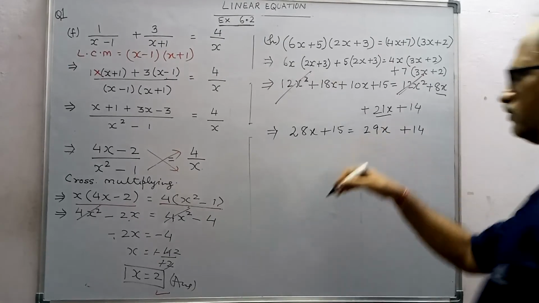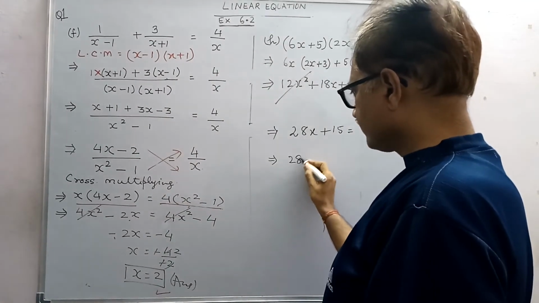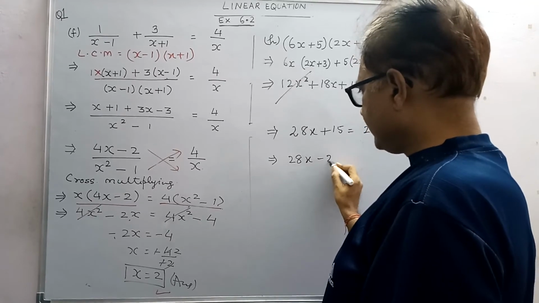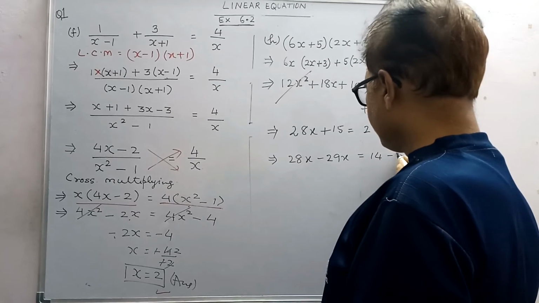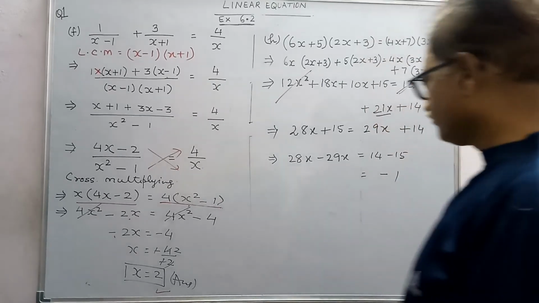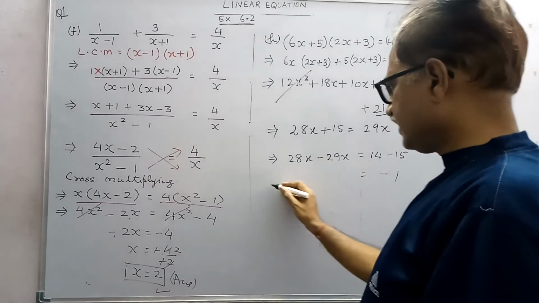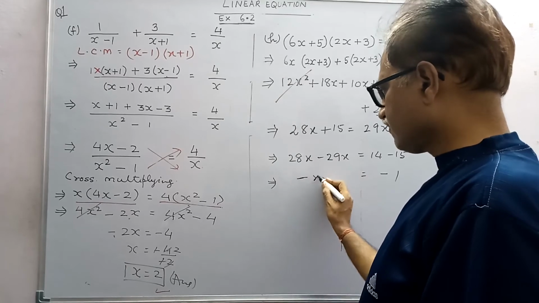This 29x will be transposed to the left hand side, so you will get 28x minus 29x is equal to 14 minus 15. And 14 minus 15 is minus 1. And 28x minus 29x will give you minus x.